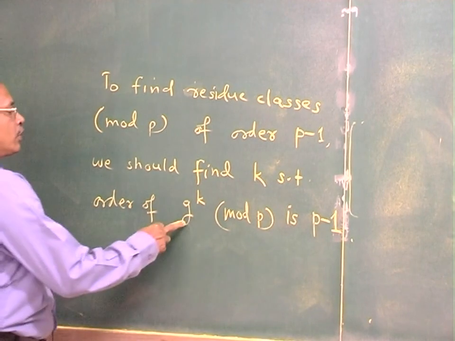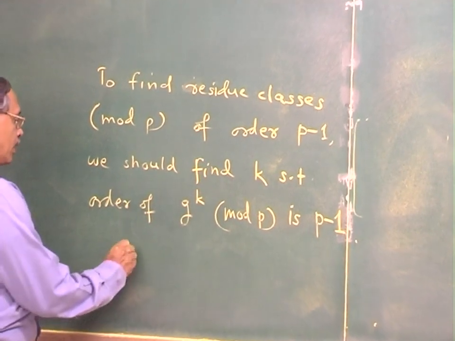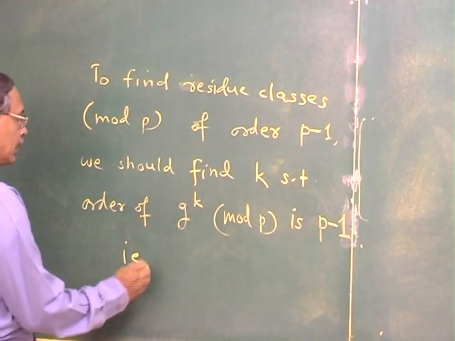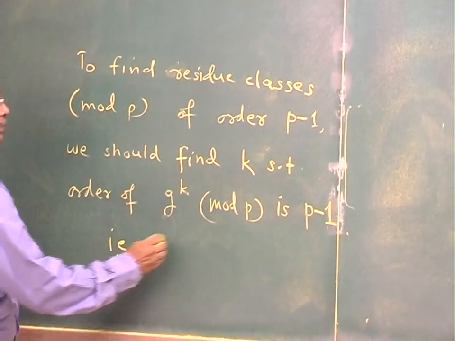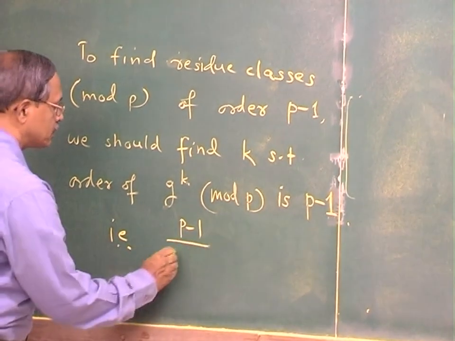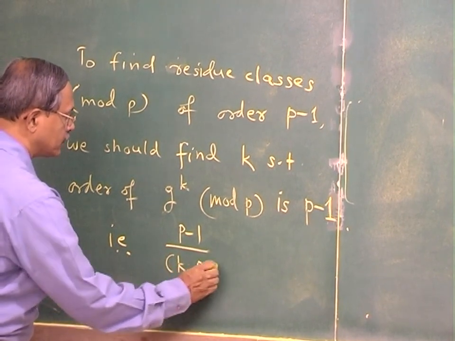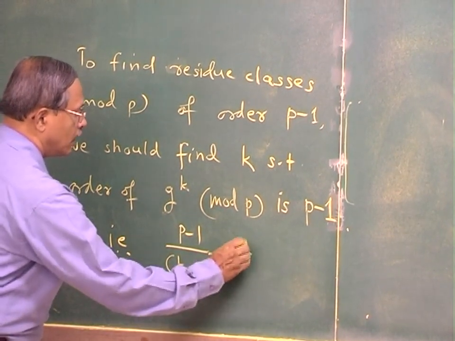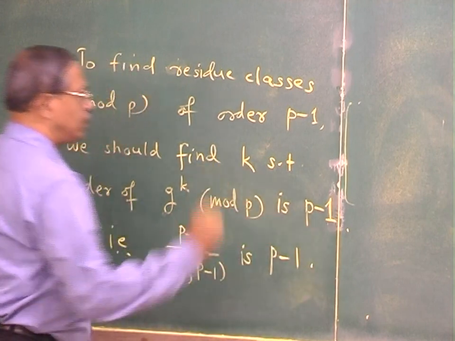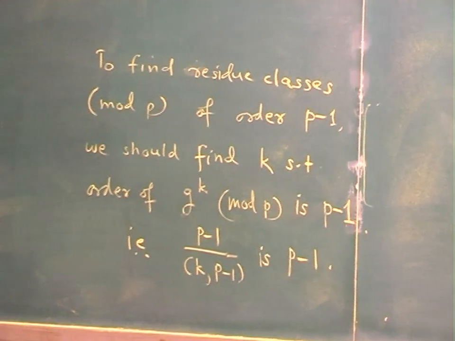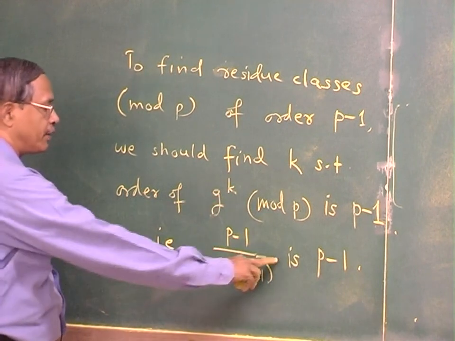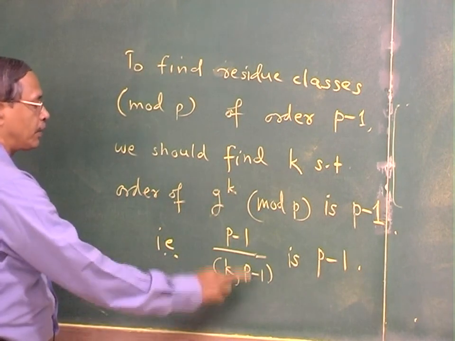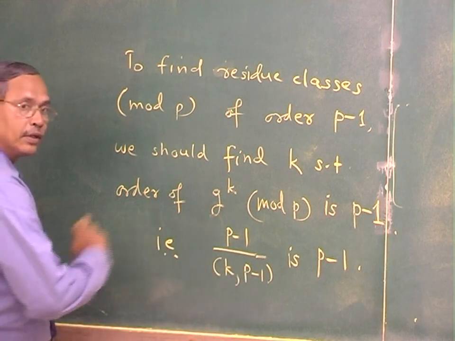But what is the order of g raised to k? The order of g is p minus 1. We have seen that the order of g raised to k is the order of g divided by the GCD of k and the order of g, that is p minus 1.